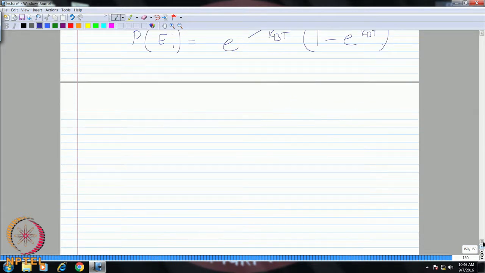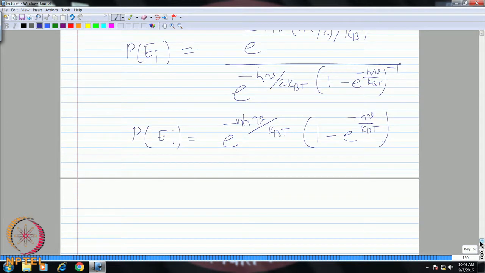So, therefore, we need now the number density function f, which can be written as the ensemble average of n, which is nothing but summation n equal to 0 to infinity.